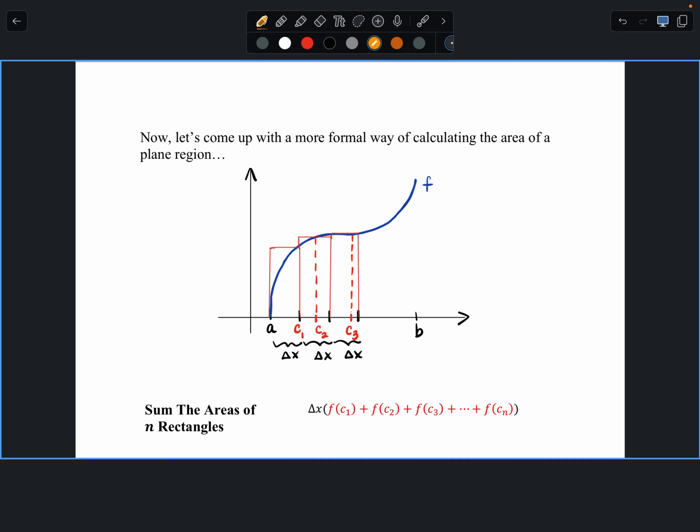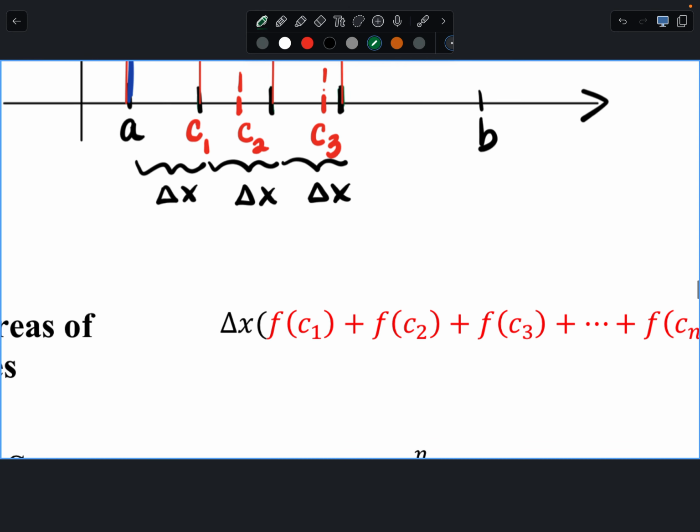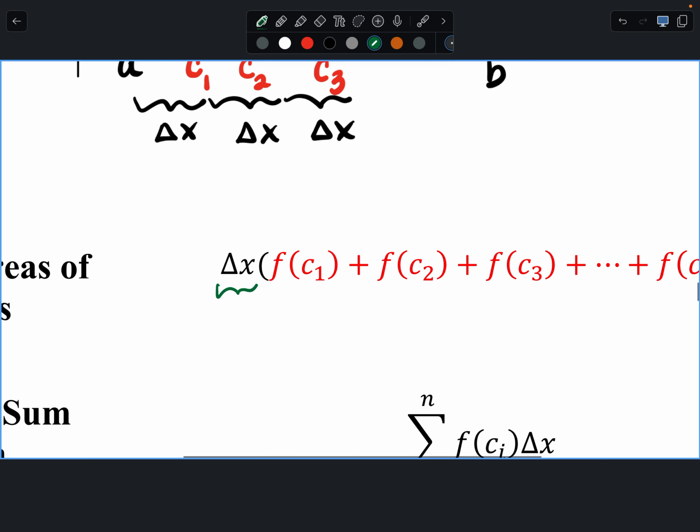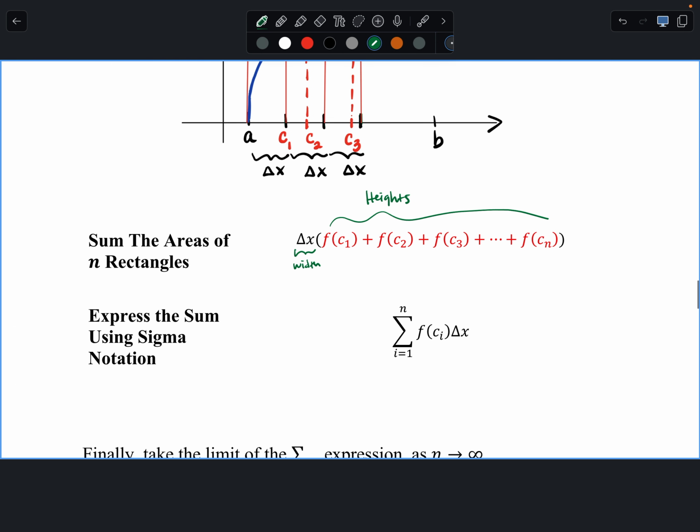So for c sub i, which is what you're replacing here, evaluating your function for coming up with the height of each rectangle, you want to use c sub i being equal to a plus delta x times i. That's going to give you the right endpoint of each of the subintervals.